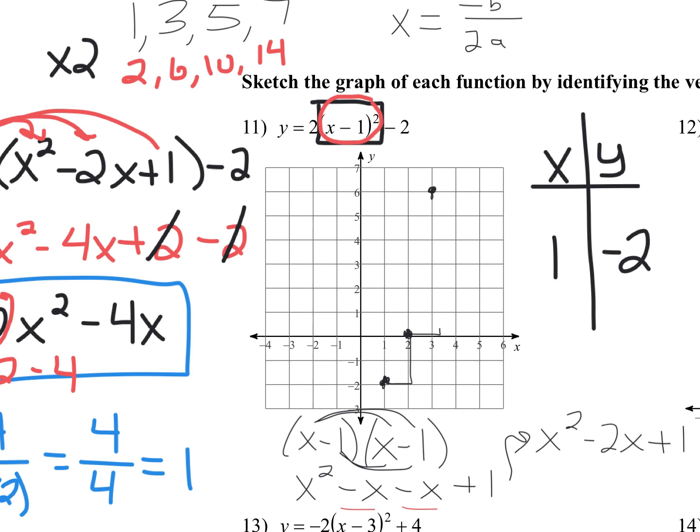Just mirror it, right? If it helps, draw that line for your axis of symmetry and then mirror it to the other side. Or I could do the same thing, over 1 up 2, over 1 up 6. If I had more room, what would my next step have been? Over 1 up 10. Yep. And then last step, draw it.